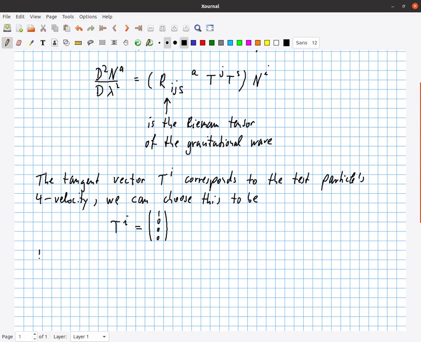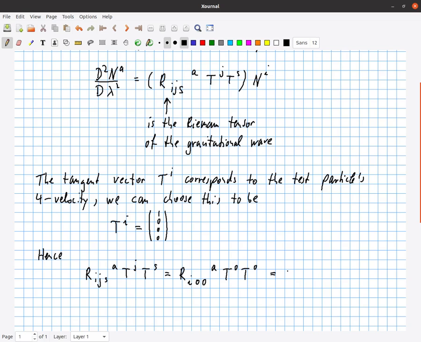So hence, if we now look at this term in the bracket, R_{ijsa} T^j T^s, given that the three spatial components are 0 and the time component is 1, what we have here is R_{i00a} T^0 T^0.